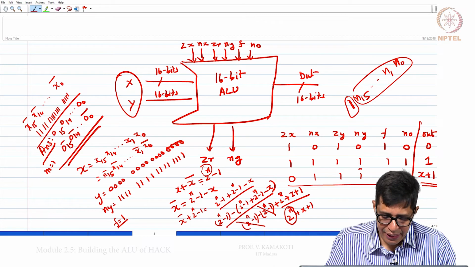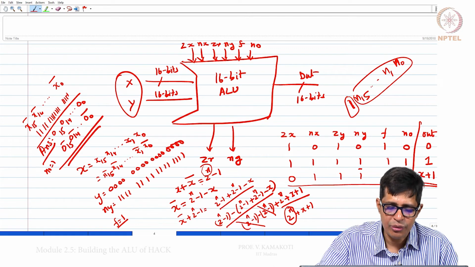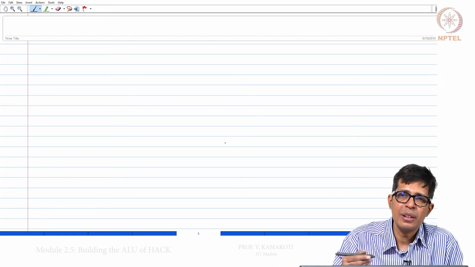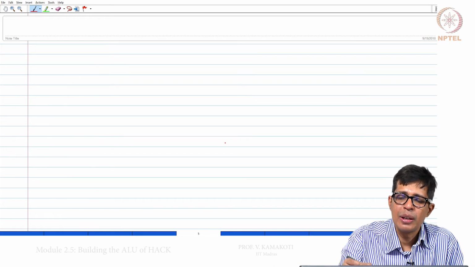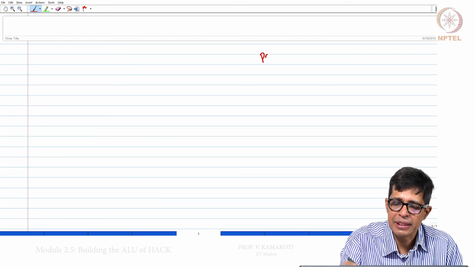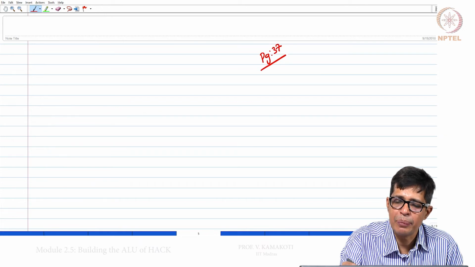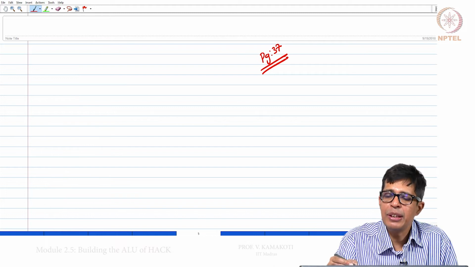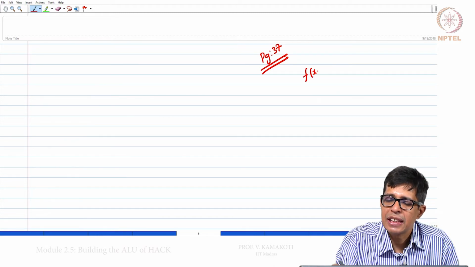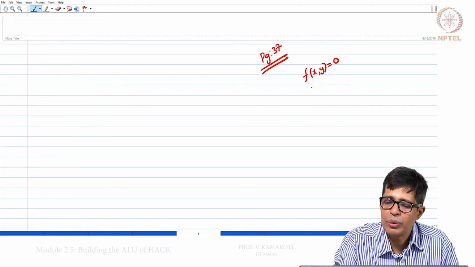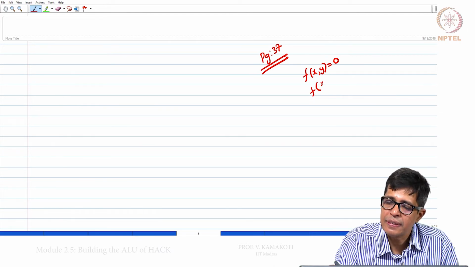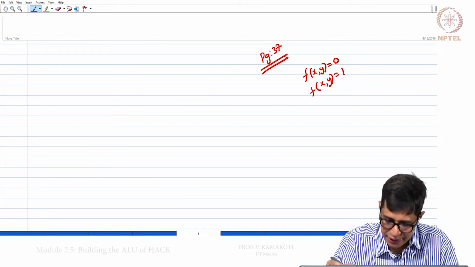So, I leave it as a very simple exercise for all of you. You can refer to your reference book, page number 37, but then we need to generate these functions. F of x y is equal to 0, f of x y is equal to 1, we have done these two.